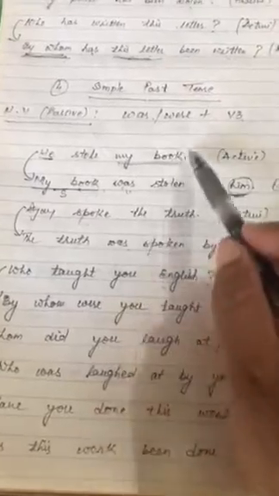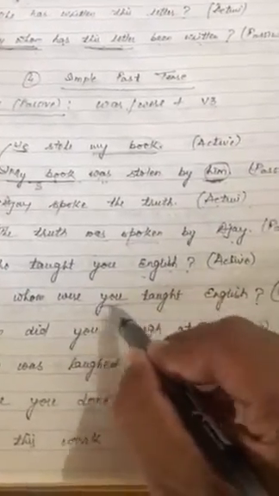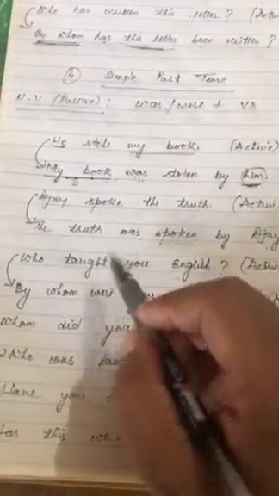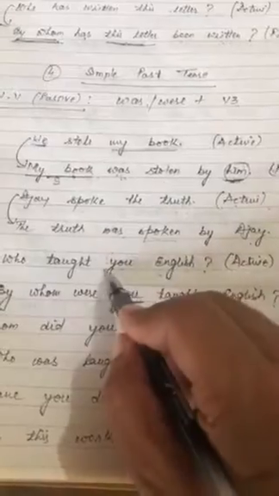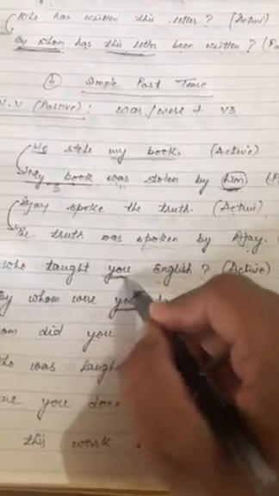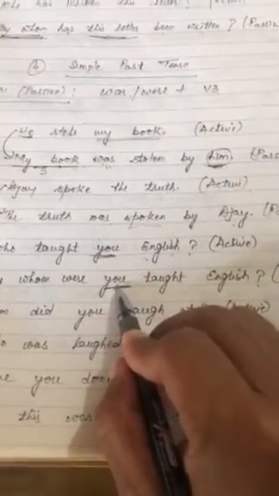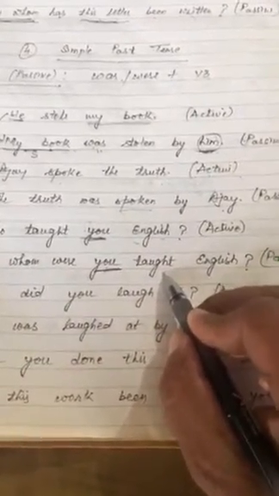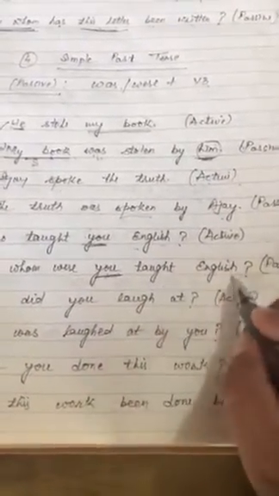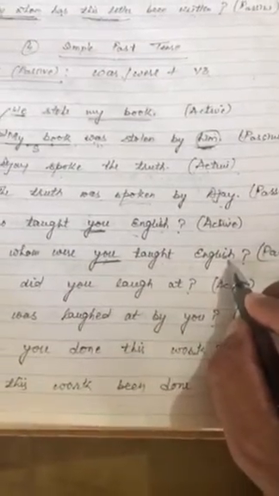Helping verb according to the rule, then your subject. Now here you can see that in the sentence, who taught you English, you is your what? Object. Here it becomes your subject. Then the main verb, third form of the verb, and then your object, right? So this is the sentence in the passive voice.